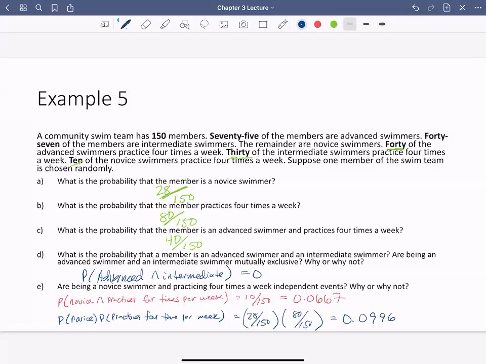It's 0.0995 repeating, so we're going to round. You see, these do not equal each other. They don't equal. So are they independent? No, they're not independent events, because if they were, those two things would equal each other.